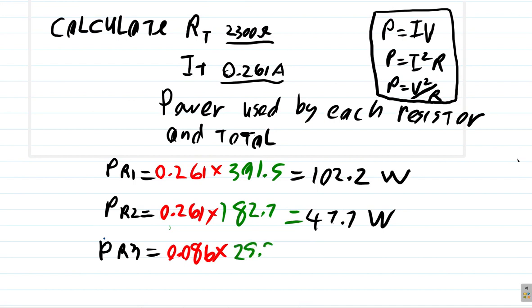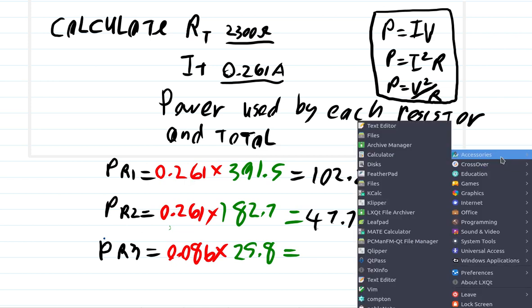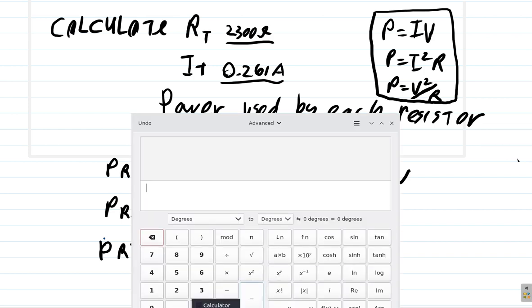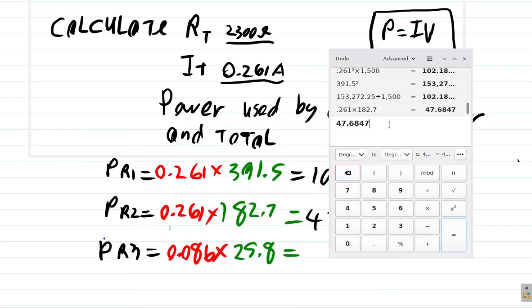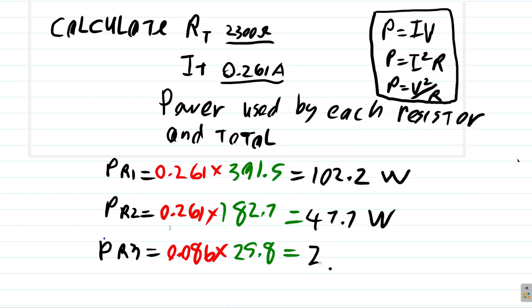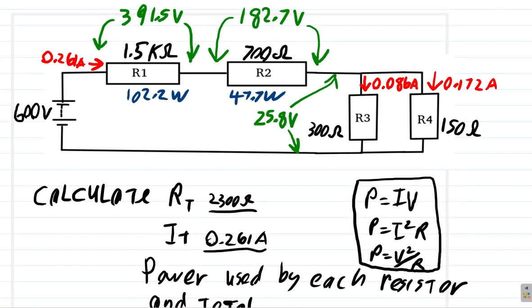So 0.086 times 25.8 equals 2.2 watts. We have 2.2 watts being used by R3.